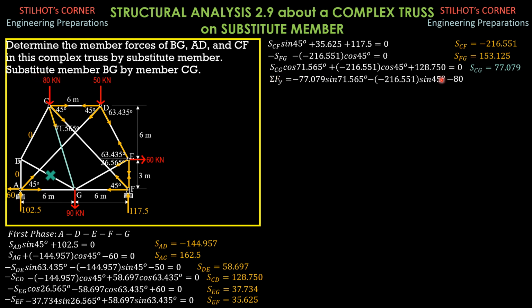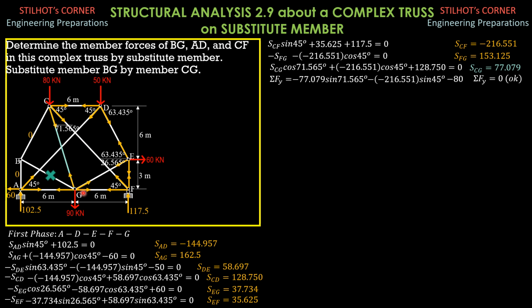So calculating, this becomes positive. Summation of forces Y is 0, so that's okay, meaning the preceding calculations are correct. Preceding values, member forces are correct in the first phase.